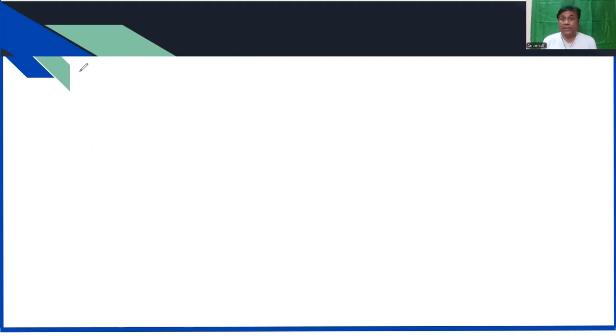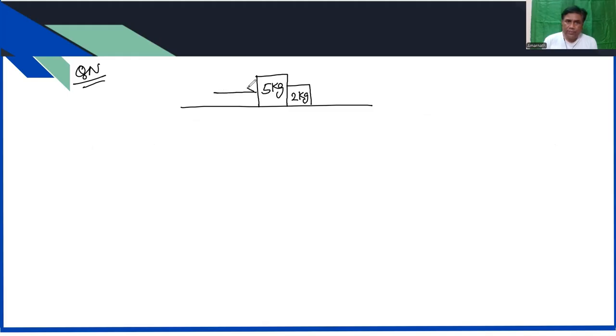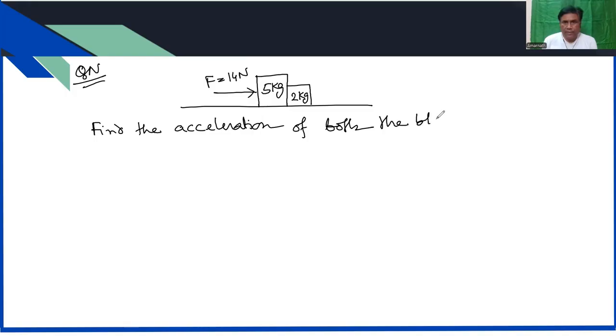Let us try another type of question, okay? Say this is a block, say this is 5 kg. And this is another block, say this is 2 kg. And I have applied a force F equal to say 14 Newton, okay? Now my question is: find the acceleration of both the blocks.